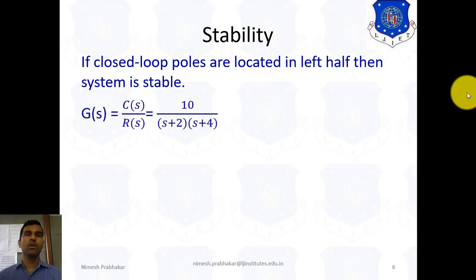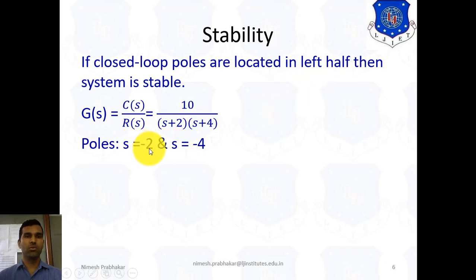See here, one system's transfer function is given by C of s upon R of s equals 10 upon (s plus 2) into (s plus 4). Now we can find the poles of this system. The poles are s equals minus 2 and s equals minus 4.